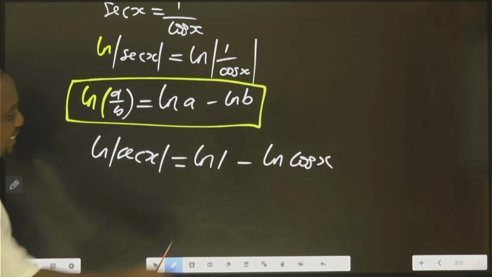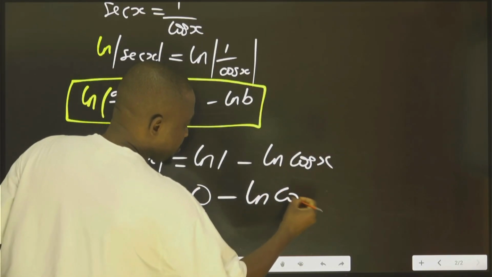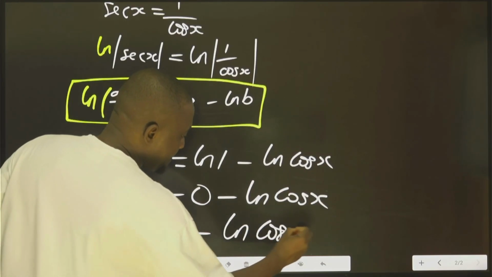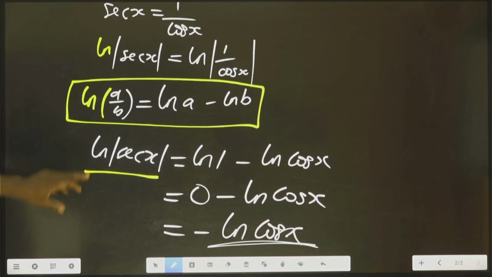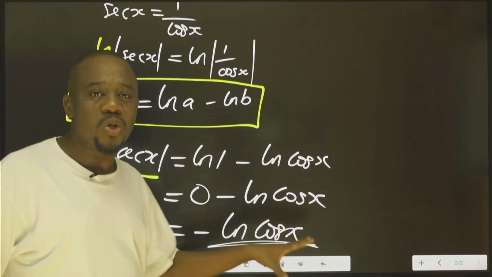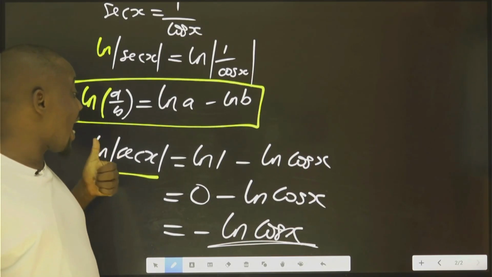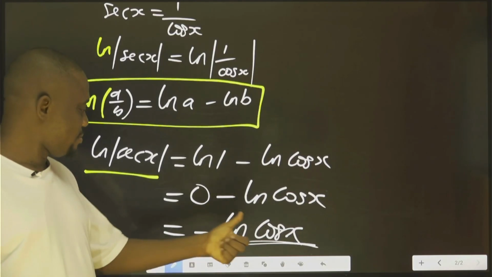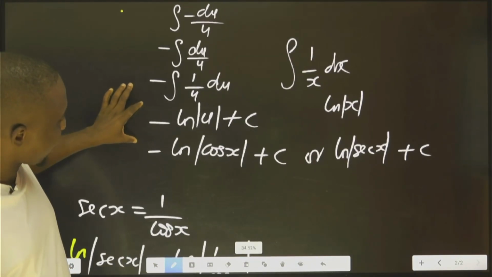And ln 1 is 0. It means therefore this is minus ln cos x. The natural logarithm of sec x equals minus the natural logarithm of cos x. So you now see where we get this one.